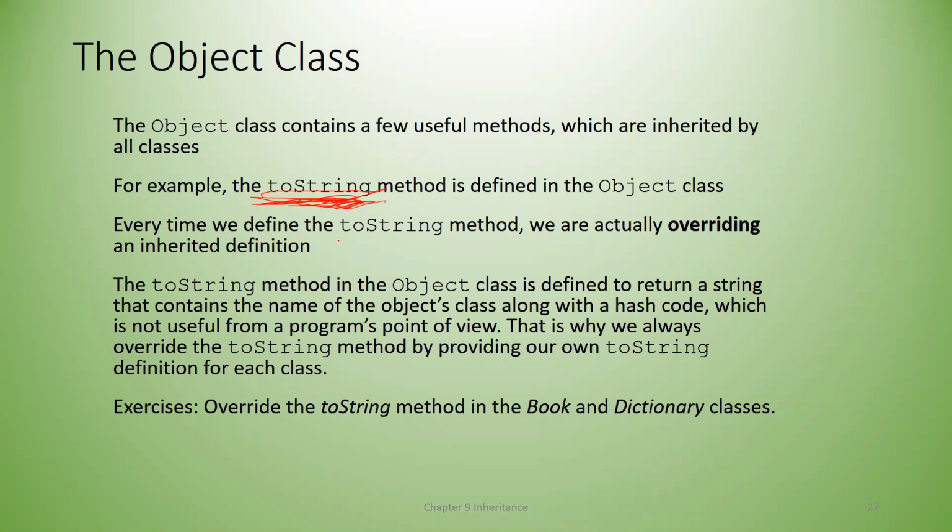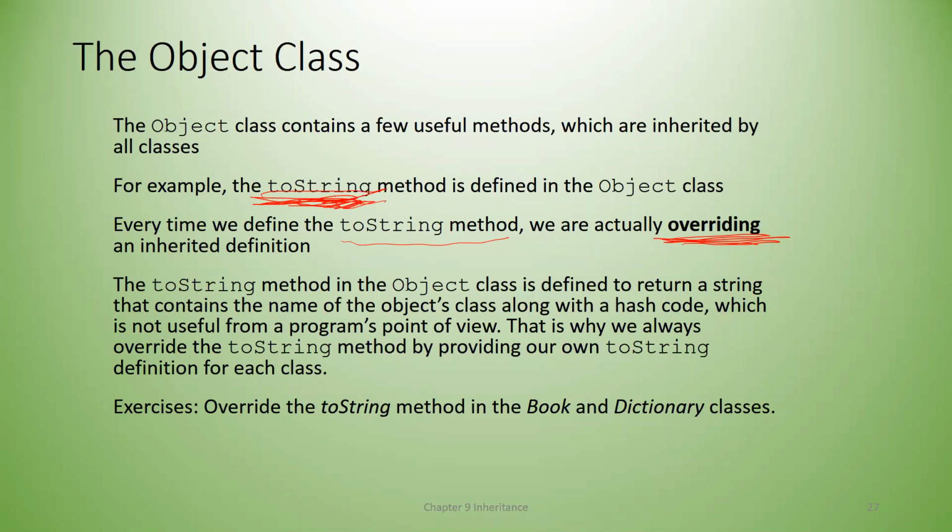Every time we define the toString method, if the object class already has this method, when we define it in our own class, what is that mechanism called? Overriding. Because your parent already has it, the same name, the same method signature, and you are rewriting it, you are redefining it.